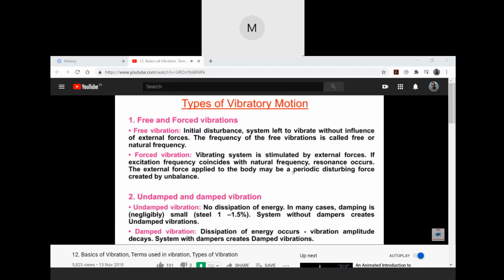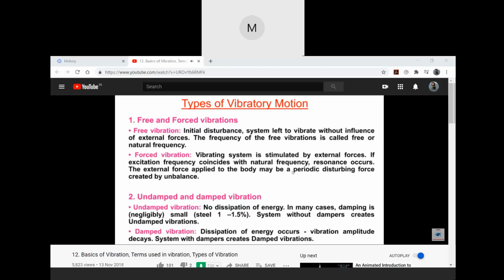The frequency of free vibration is called the natural frequency. This we have previously studied.